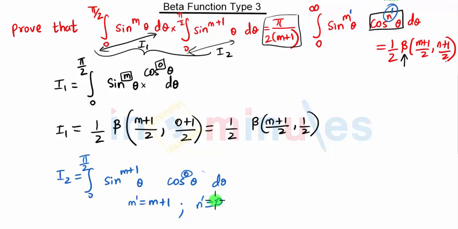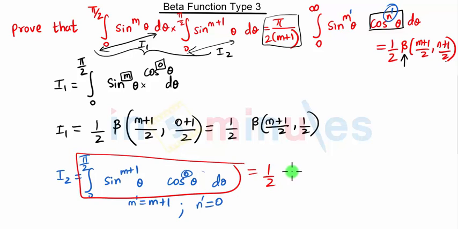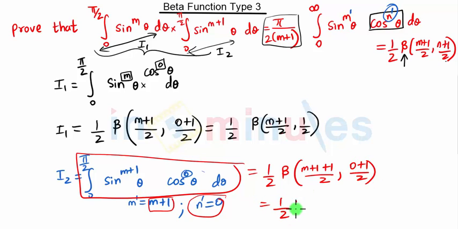Then this whole term is nothing but half of beta m dash plus 1 upon 2 comma n dash plus 1 upon 2. In our case m dash is m plus 1, so m plus 1 plus 1 upon 2 comma 0 plus 1 upon 2, which is equivalent to half beta of m plus 2 upon 2 comma half.